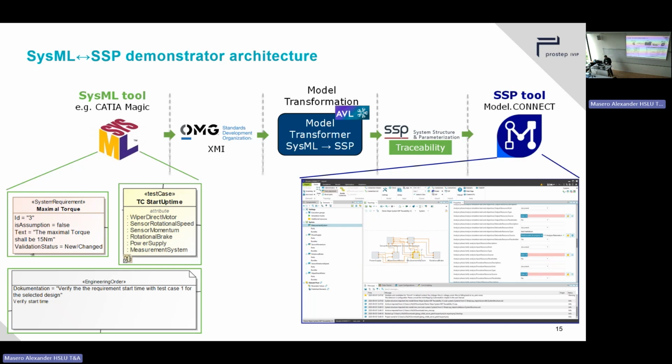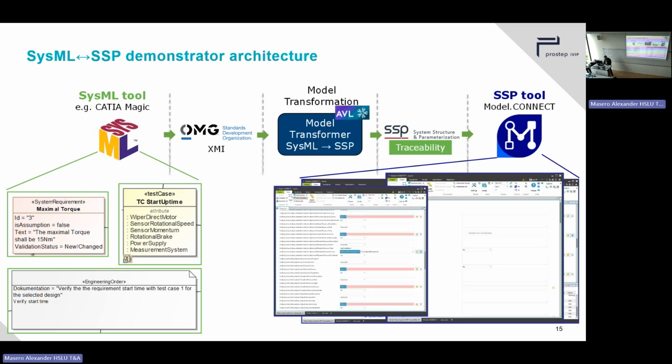So we have decided to use a representation of the system architecture model that is as tool independent as it gets, which is a so-called XMI file. It's basically a special kind of XML file that is standardized by the OMG standardization body. So we are not interacting with the SysML tool specifically, but we are just parsing an XMI file and producing out of that an SSP package or SSP traceability package for that matter.